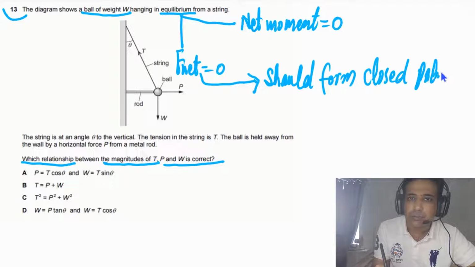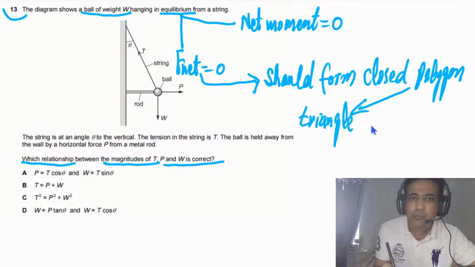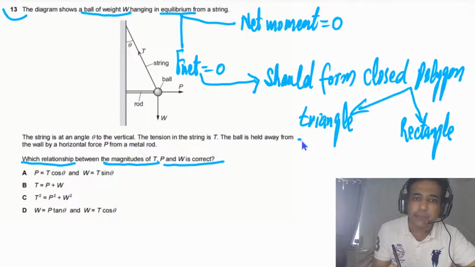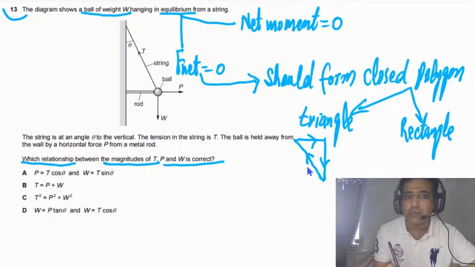Closed polygon means that if there are 3 forces, they should form a triangle, and if there are 4 forces, they should form a rectangle. So for a triangle, imagine this is one force, this is another force, and the third force will be this way. So you see, in this case, net force is equal to 0.